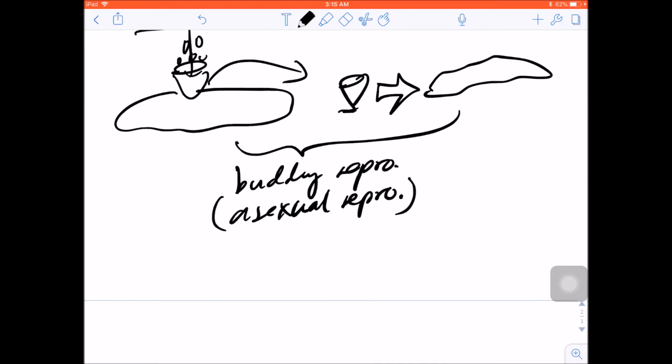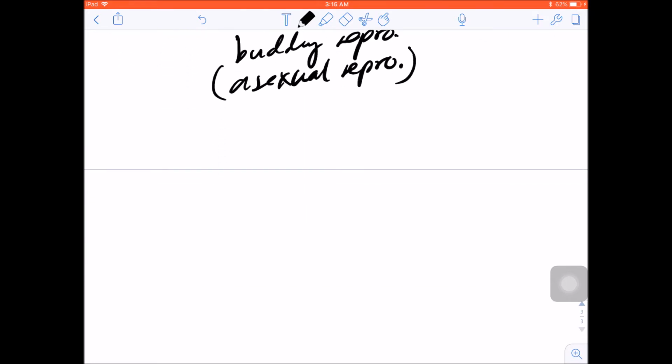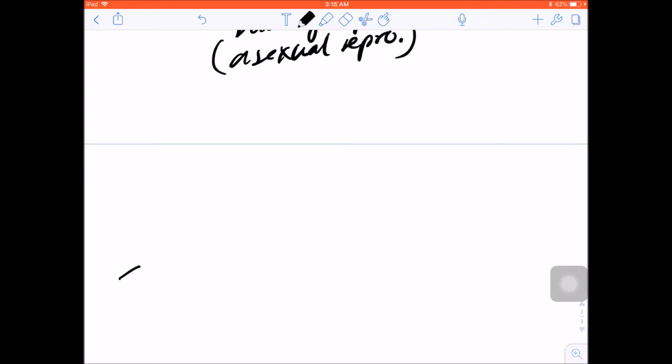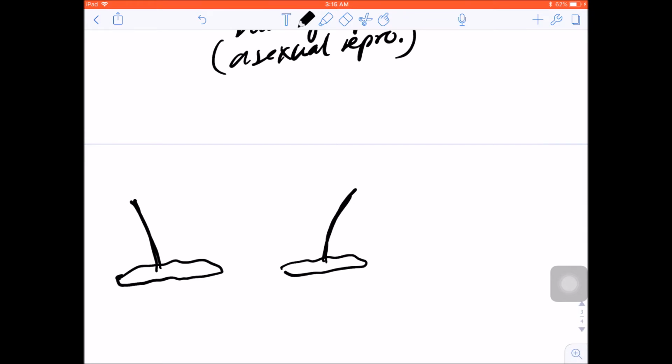It's just making more of the gametophyte, making more thallus material. Okay. When these gametophytes do want to sexually reproduce, they form these reproductive structures in the male and the female.